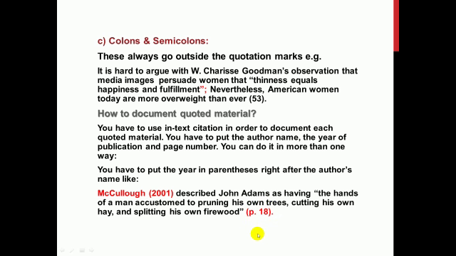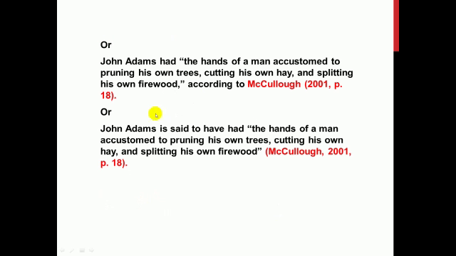This is one way. Another way, I can say the same quoted material, but put at the end of the paragraph 'according to' the author name, and gather the year of publication and the page number in one parenthesis.